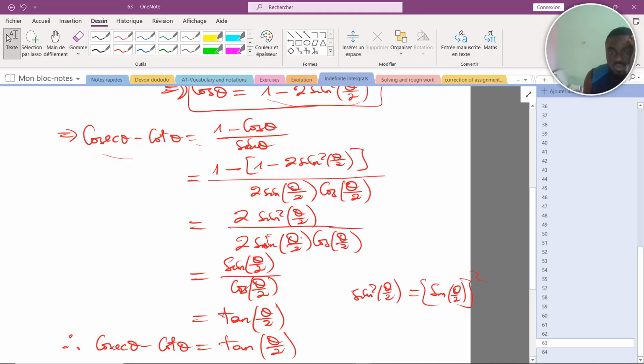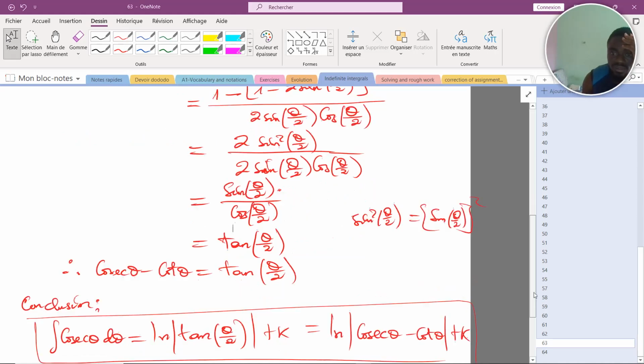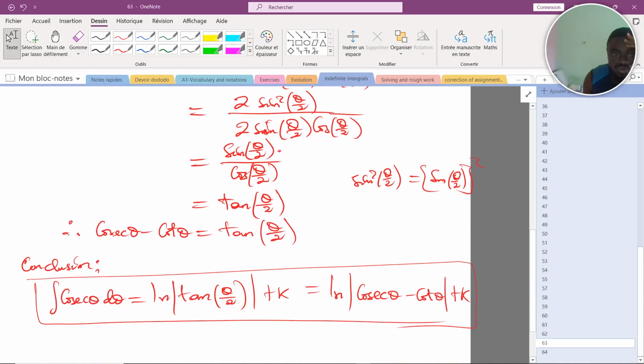You see that one of the sin(θ/2) will go with one of the sin(θ/2) here. So we'll be left with sin(θ/2) on top, and at the bottom we'll be left with cos(θ/2), since these two will go with this. And we know that sin(θ/2) over cos(θ/2) is simply equal to what? tan(θ/2). So therefore, we conclude that cosec θ minus cot θ is equal to tan(θ/2).